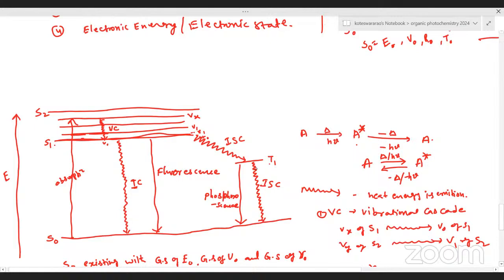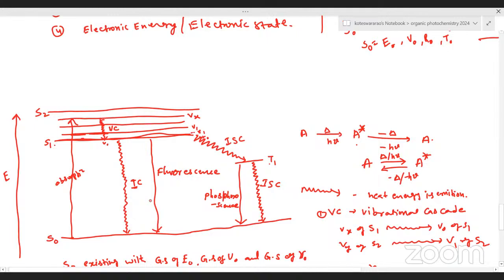Fluorescence is the decay of the molecule from the first excited state to the ground state by emitting light. Phosphorescence is the decay of the excited molecule from a vibrational level of the triplet state to a vibrational level of the ground state by emitting light. This is the Jablonski diagram.